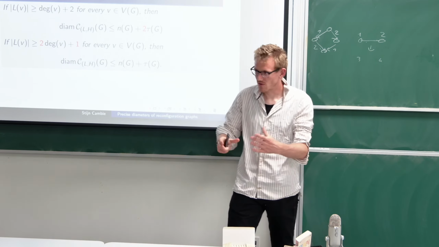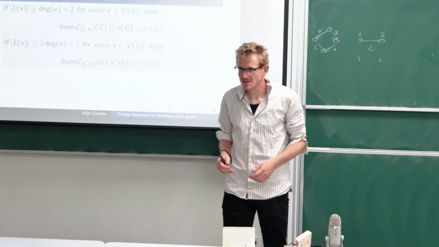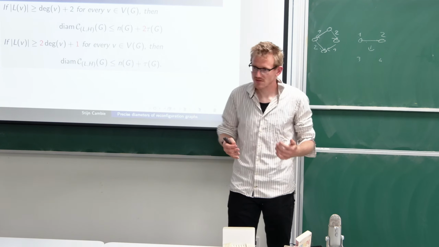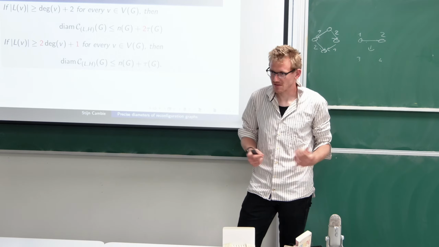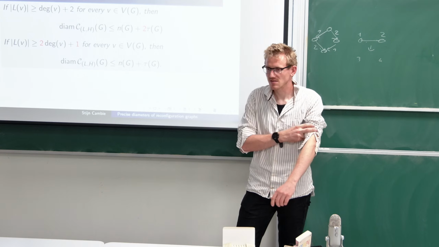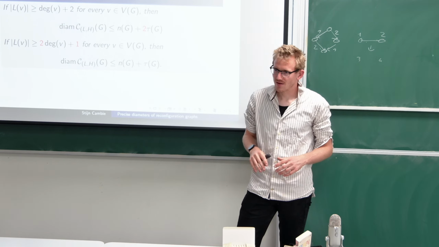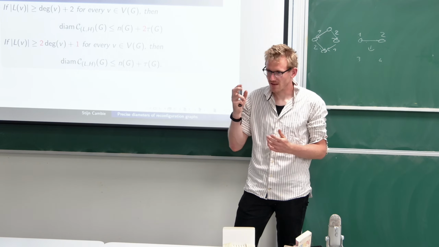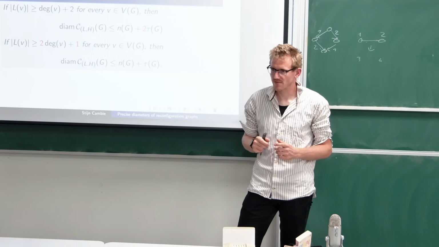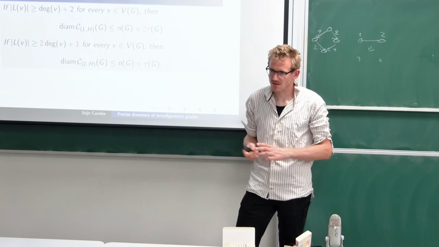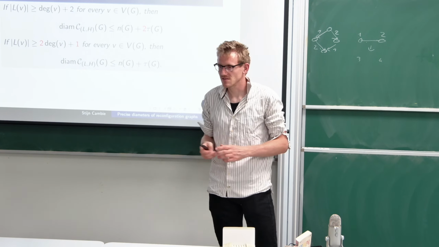You only have like 8 blocks, and to reconfigure this into that, you need something like 2 to the 8 steps, which makes it interesting for people who play with these different types. I didn't work on the Rubik's cube itself, but mainly on the case where you have one move, as with the 15 puzzle, which is maybe an easier case, but those are very different instances.